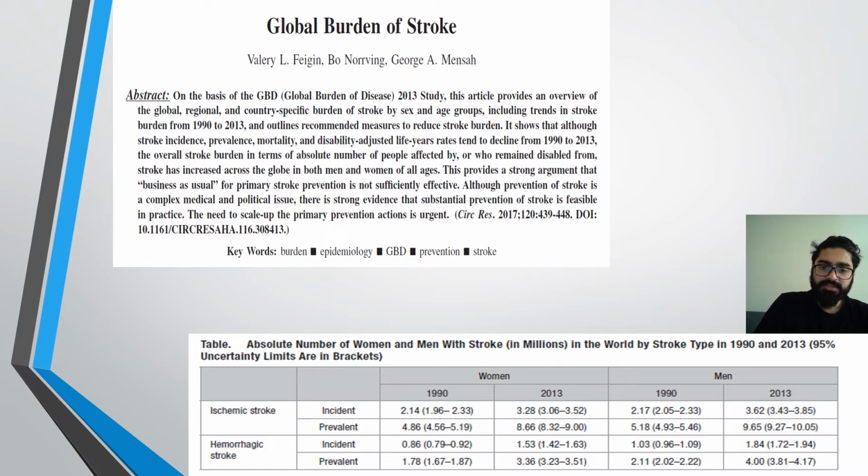Similarly, the hemorrhagic stroke incidence was found to be 0.86 in 1990 and 1.78 was the prevalence in 1990. In 2013, this increased to 1.53 and 3.36 respectively. Similar differences were observed in the male gender, as you can see in the table.